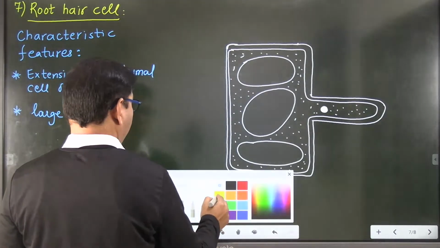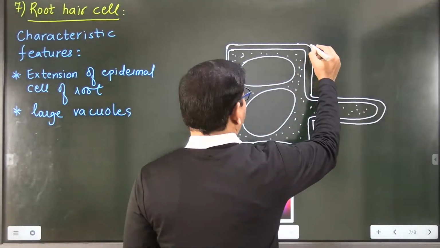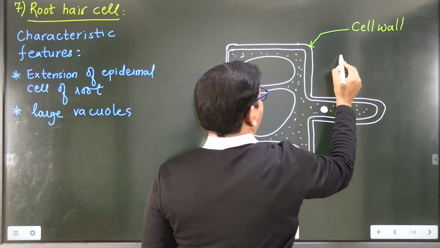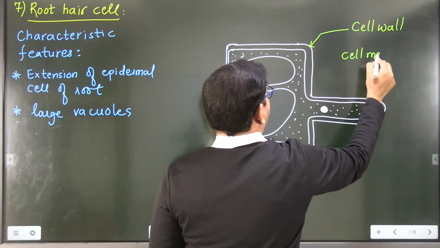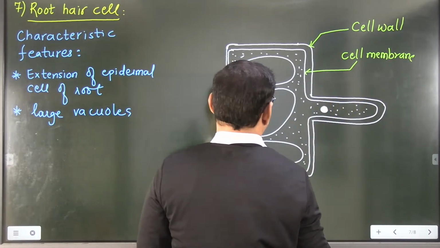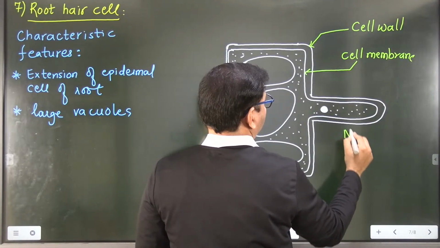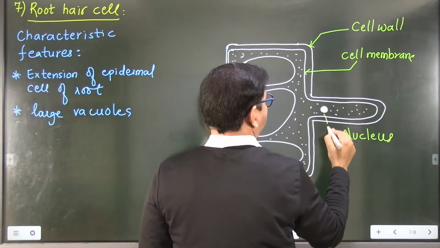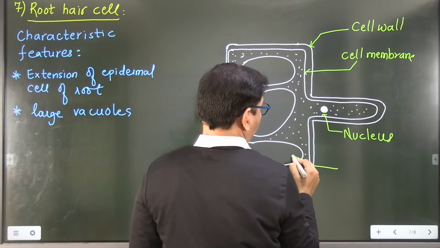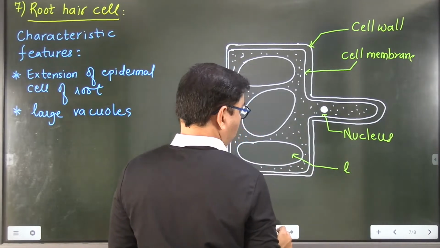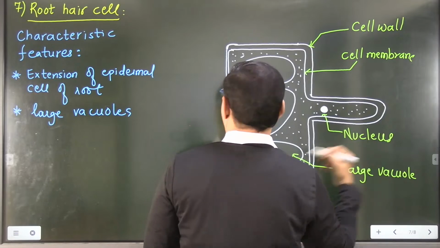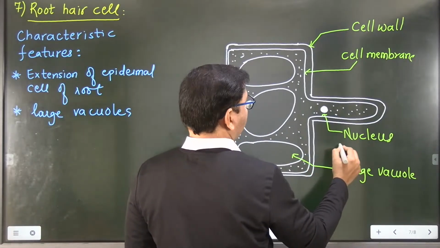Let us label this: cell wall, then cell membrane, nucleus, large vacuole, and cytoplasm.